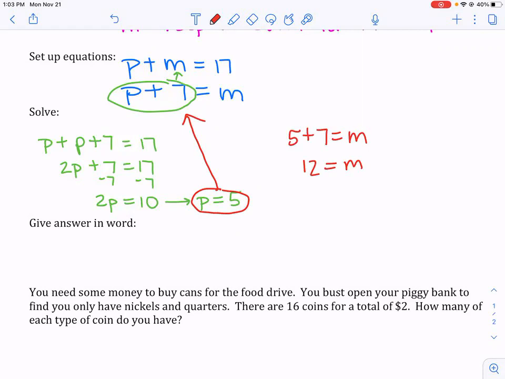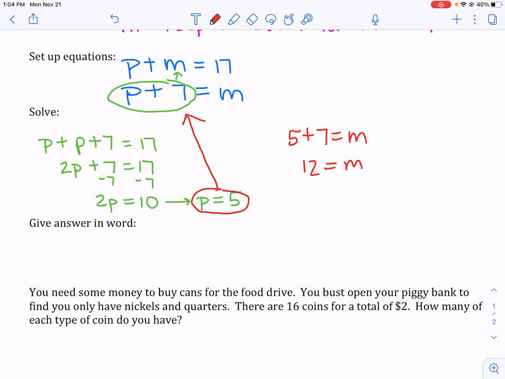Okay. Now, in this situation, do I want 5 comma 12 as my answer? Please don't do that. If it's a word problem, please answer it with words.